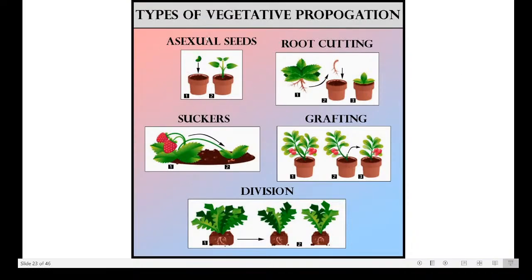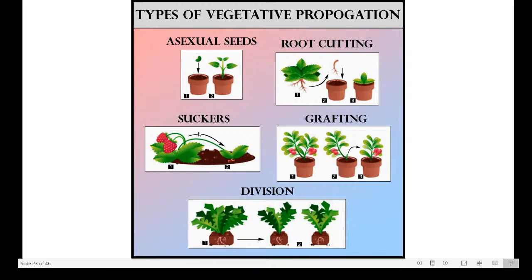One is asexual seeds. You can cut the particular seed and submerge it in the mud, and it can grow like a plant. Another one is root cutting. You don't need to cut the leaf; you can cut a piece of root of the particular plant, and that can grow.